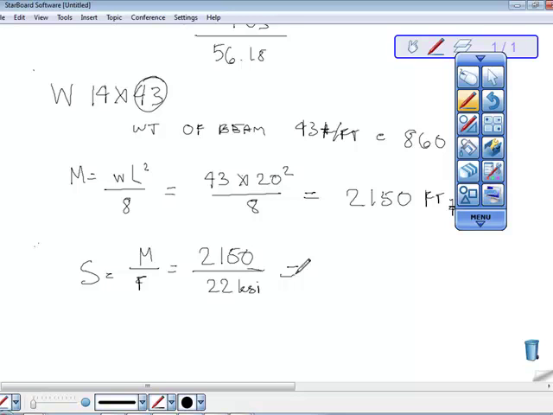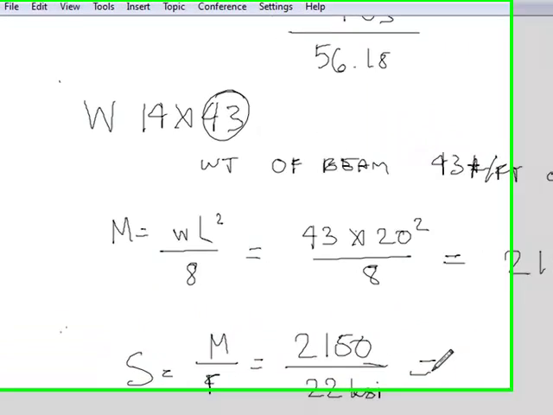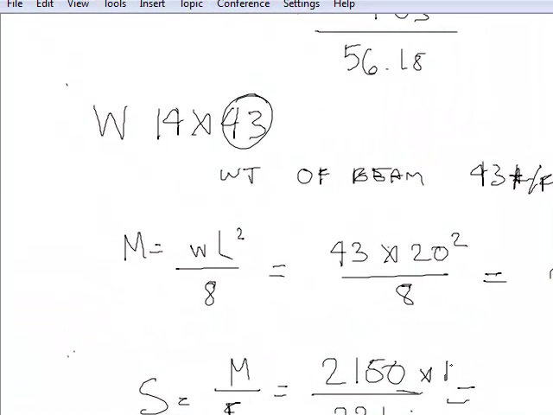Oh, we have to multiply this by times 12, right? 2150 or 2.150 times what? But I want to make this in inches. Okay.